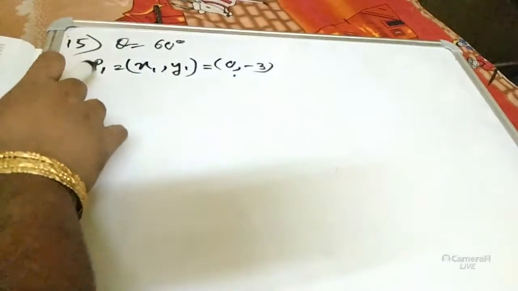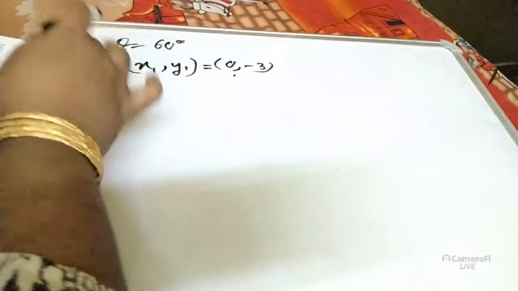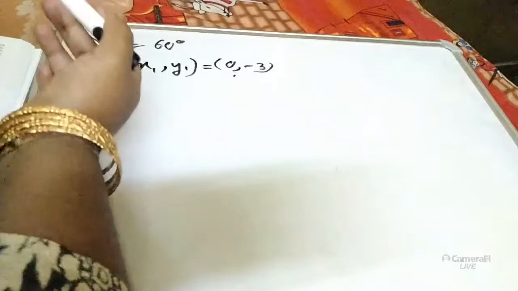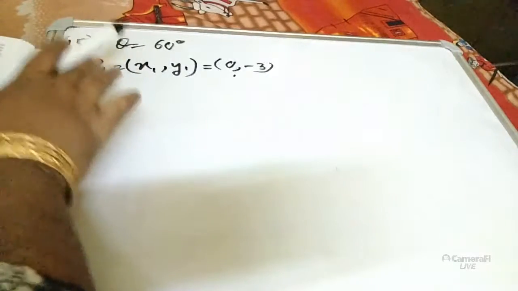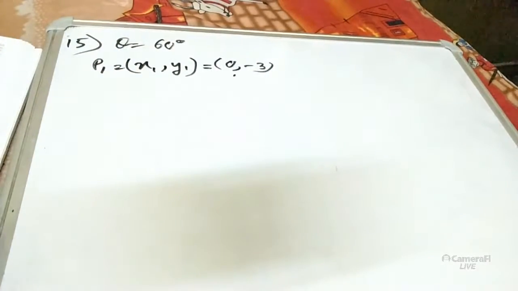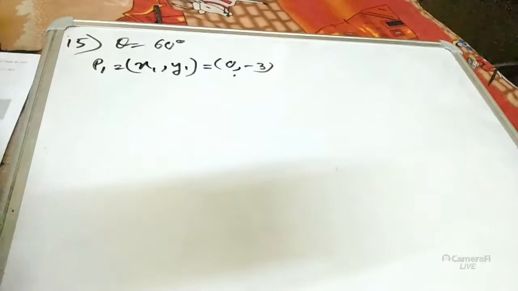From theta we can easily find our slope, that is m. So we will get the slope and a point, and we will be able to use the point slope form of the equation in this sum.